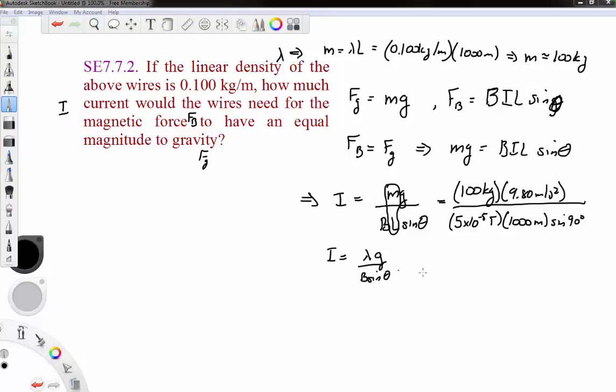And what we end up getting is that I, the current, is approximately 1.96 times 10 to the plus 4 amps. This is roughly 20,000 amps. That much current, by the way, would completely melt the wire. So we're not going to be causing the wires to float above the ground just by carrying current anytime soon.